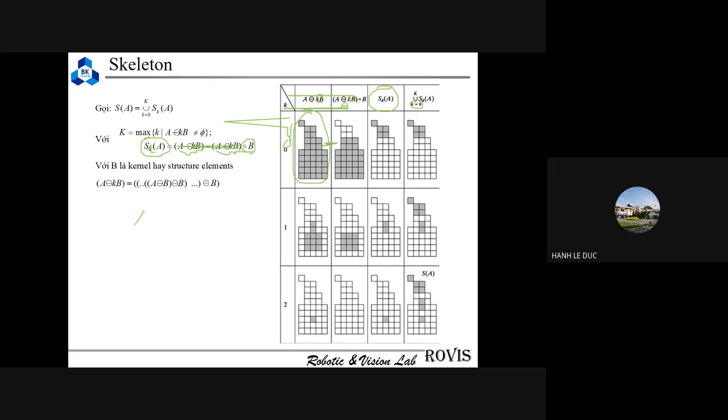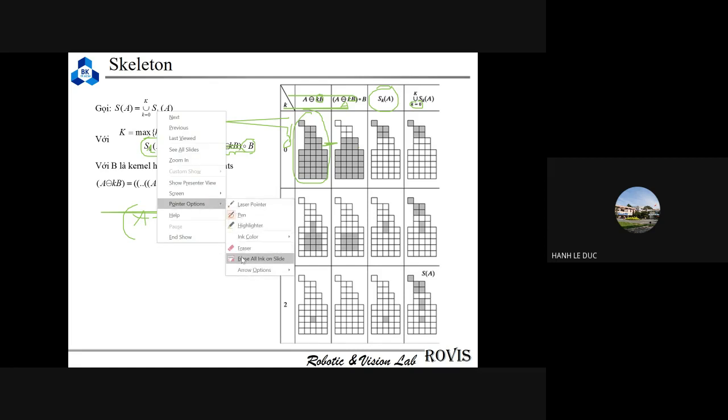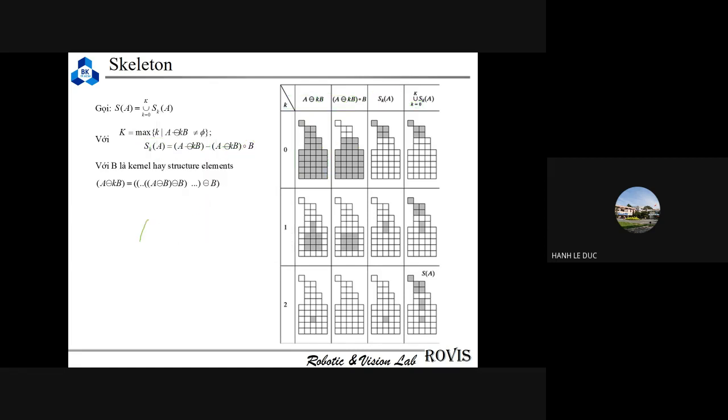So A minus B, right? Sorry. A erode B, K equal to 1, right?